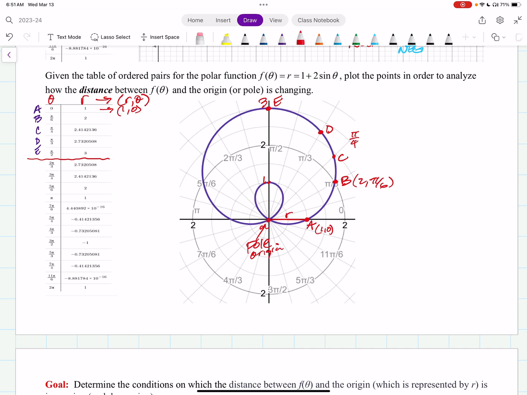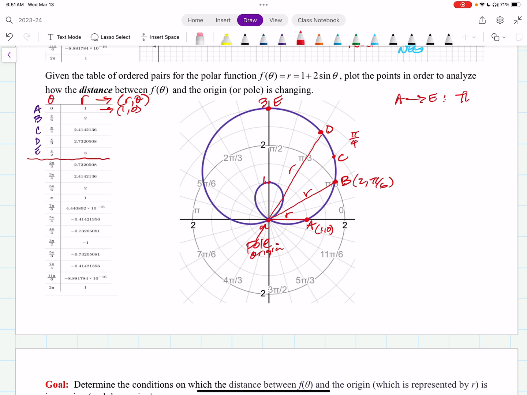Is it getting longer or is it getting shorter? Is this point moving further from the pole or closer to the pole? So here's the second radius right here. And then here from pole to point D is the next radius. Look at that. It's getting longer from A to B to C to D all the way to E here. So from A to E, the distance or the radius is increasing.